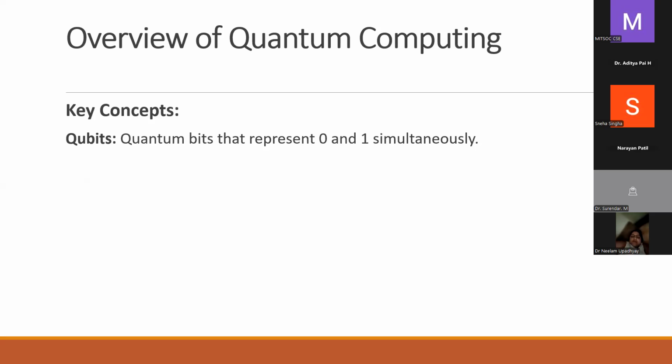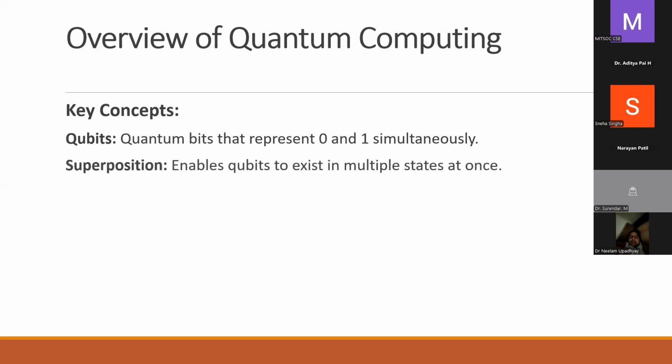This is the basic unit of quantum information, analogous to classical bits, but it has its own quantum properties. Unlike the bits 0 and 1 in classical computers, qubits exist in quantum computing. Next is superposition.